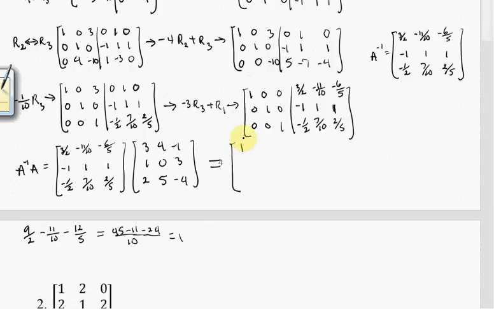Well, that's good so far. Let's check the rest of them. The second position, this is the first row, second column. Remember, for matrix multiplication, you always multiply the rows of the first matrix and the columns of the second matrix, row times column.